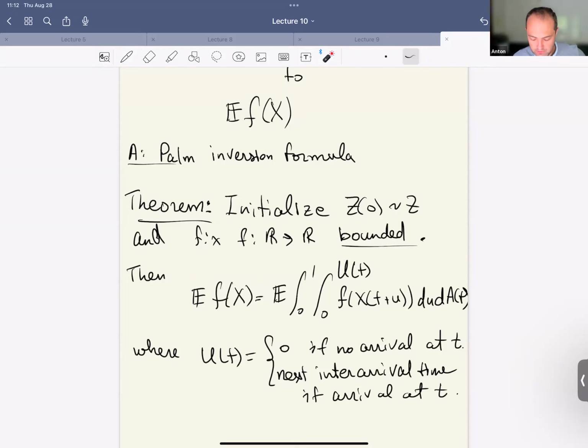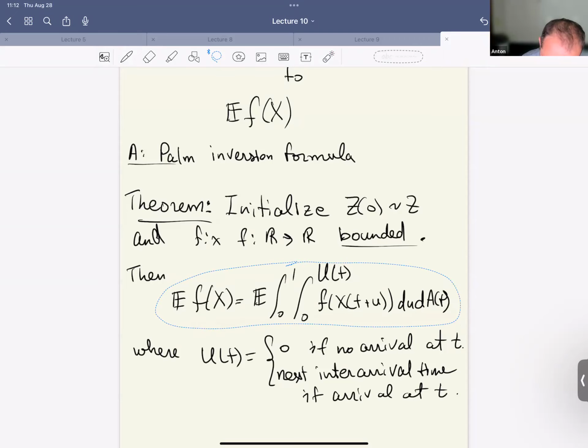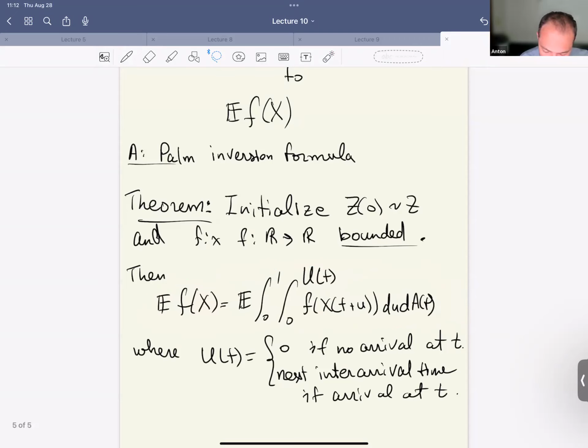So just ignore the equality and focus on this U of t object. Basically, if an arrival happens at time t, U is the next inter-arrival time to be generated, okay?